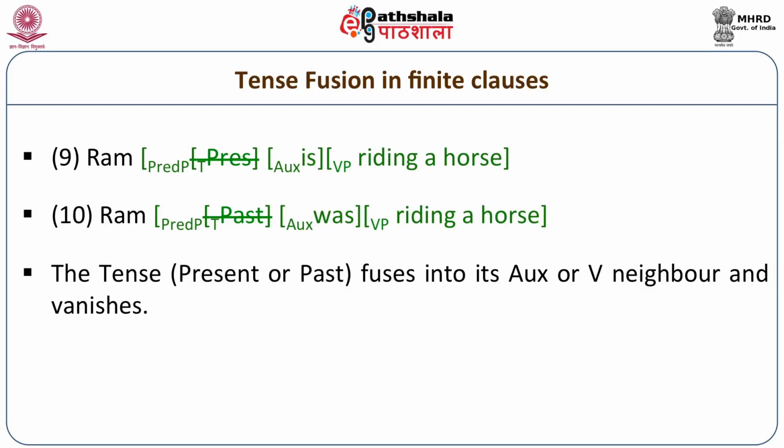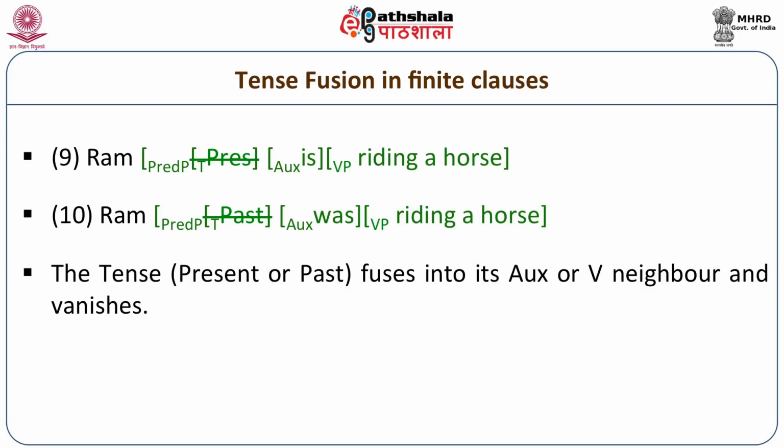In case you didn't get the point, let us repeat the core of what we are saying. The non-finite marking ing on riding, which is progressive, and the non-finite form en on ridden, which is perfect, gets licensed by the auxiliary to its left in the English verbal complex.